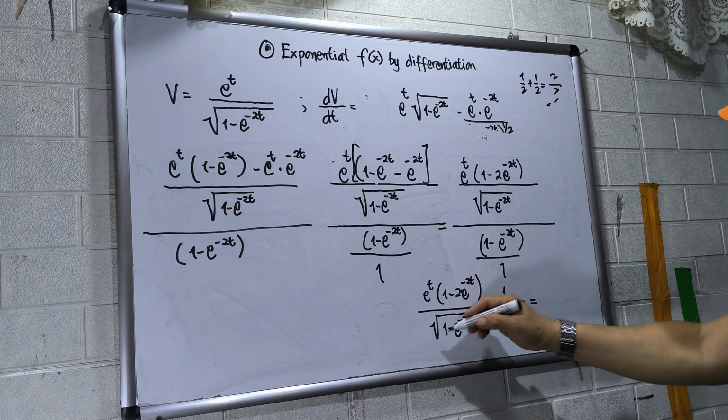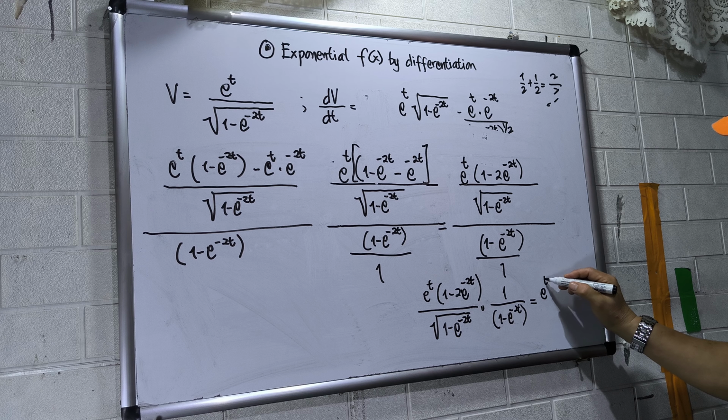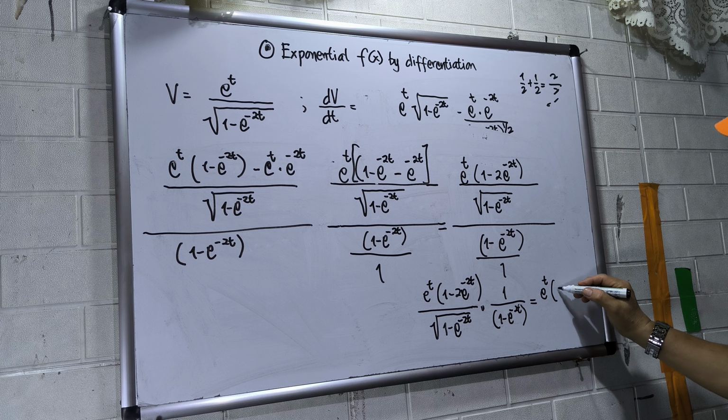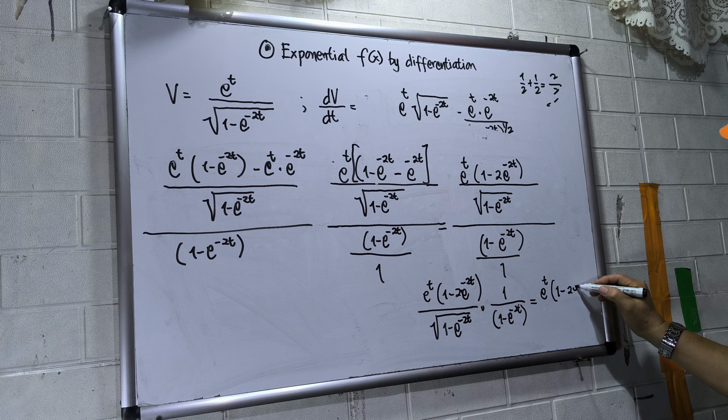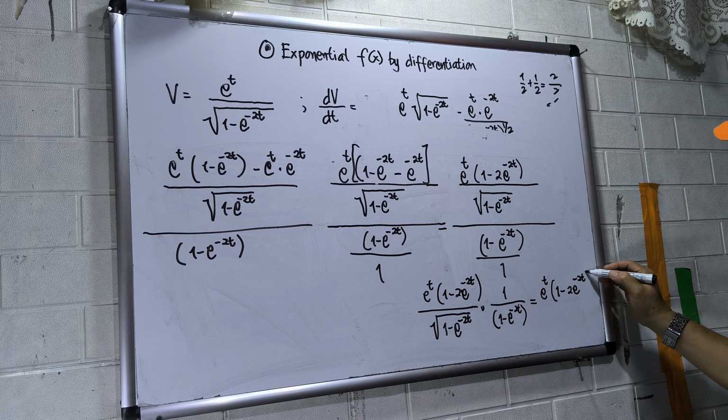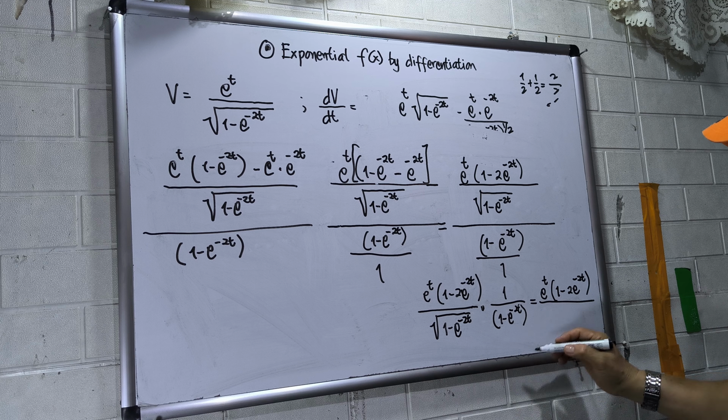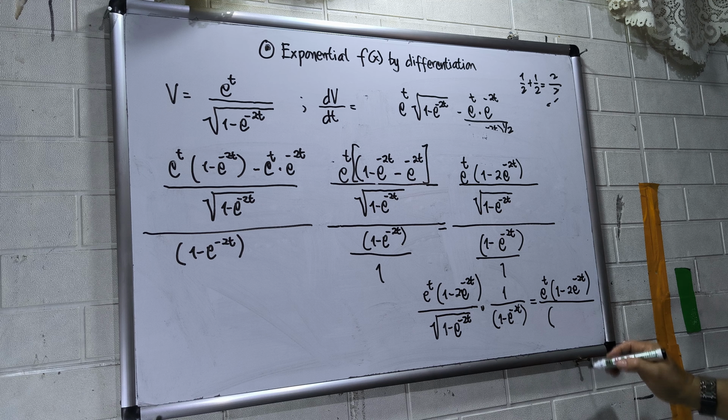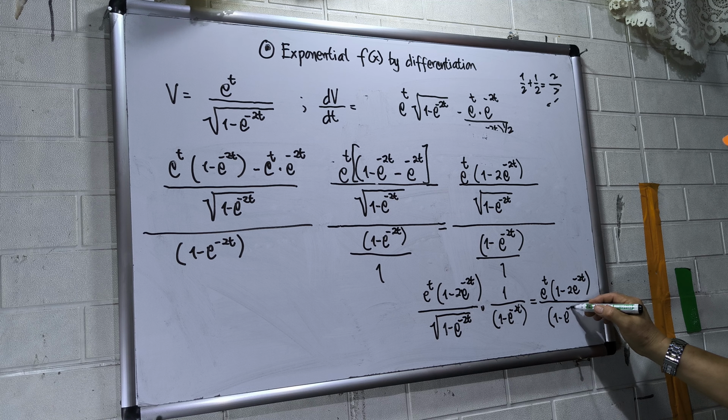So, this will be e raised to the t, then 1 minus 2e raised to the negative 2t, and then this will be 1 minus e raised to the negative 2t raised to 3 halves.